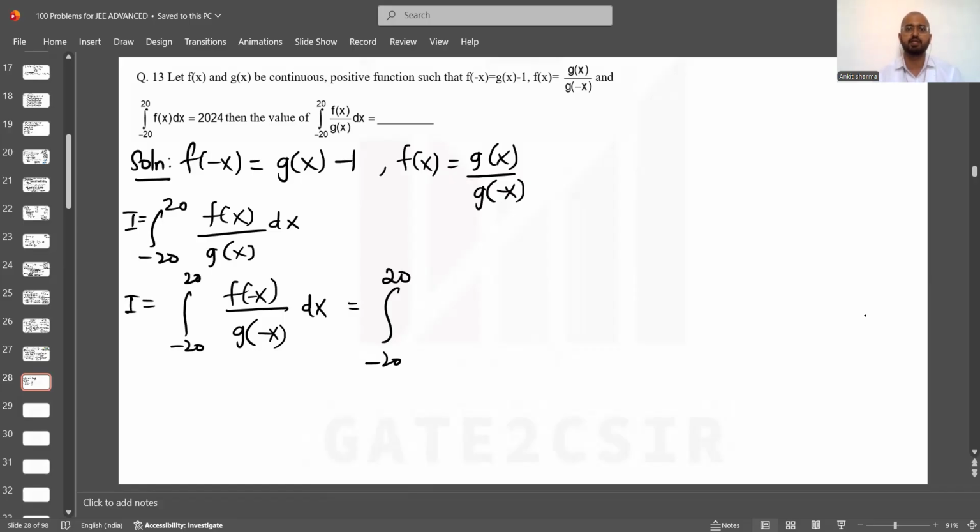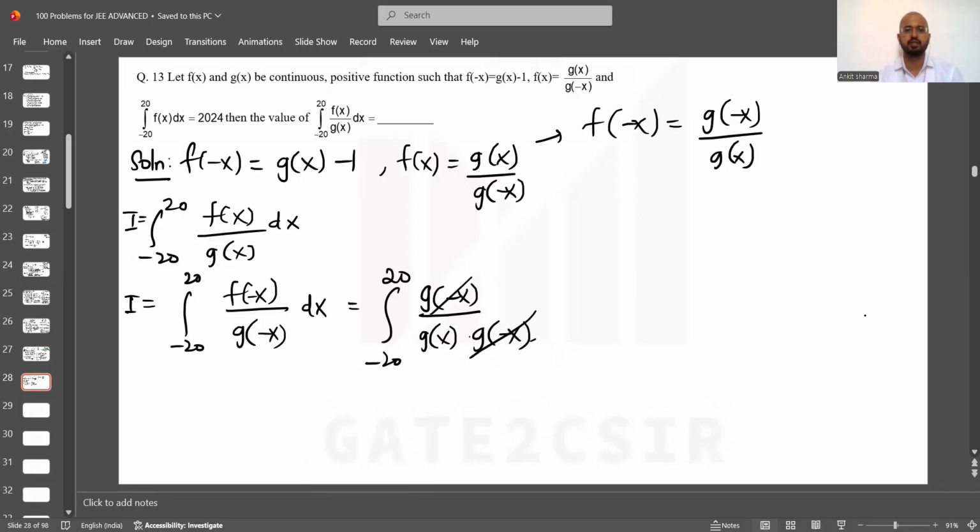If I replace here, f of minus x is equal to g of minus x over g of x. So now we can write this one here in place of minus x, so I'll have g of minus x over g of x into g of minus x. Now this and this get cancelled, and f of minus x over g dash will be 1 over g of x. So I get g of x.